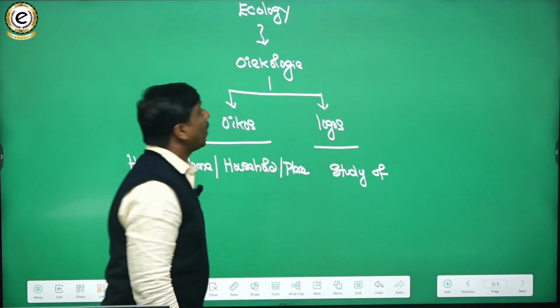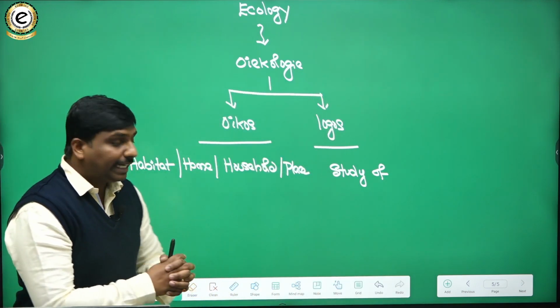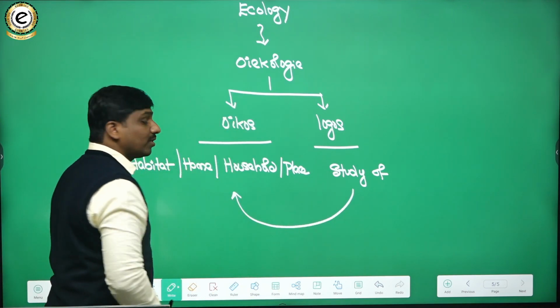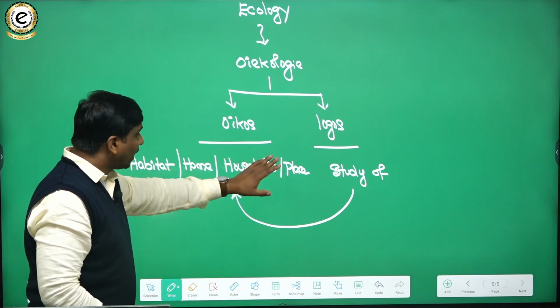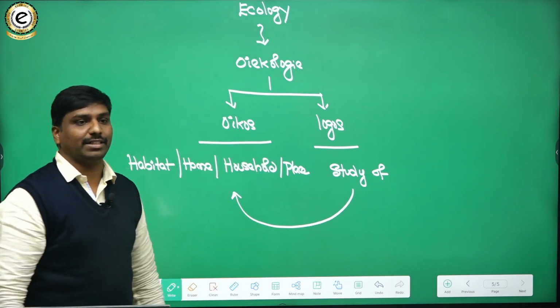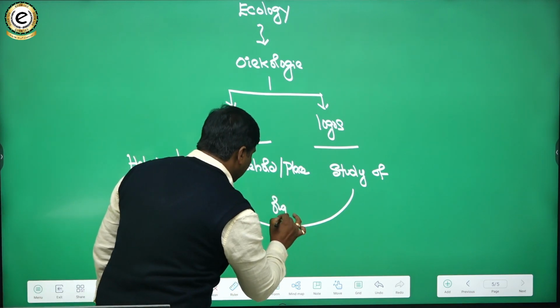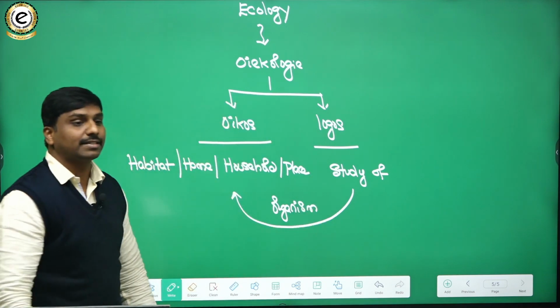So ecology in a very simple fashion is a systematic study of the organisms at their habitat, or at their home, or at their household, or at their place of living. So it's the systematic study of the organism at its home.